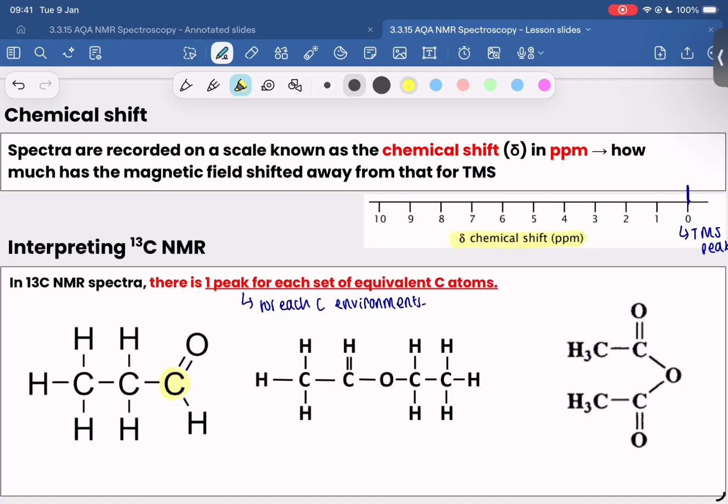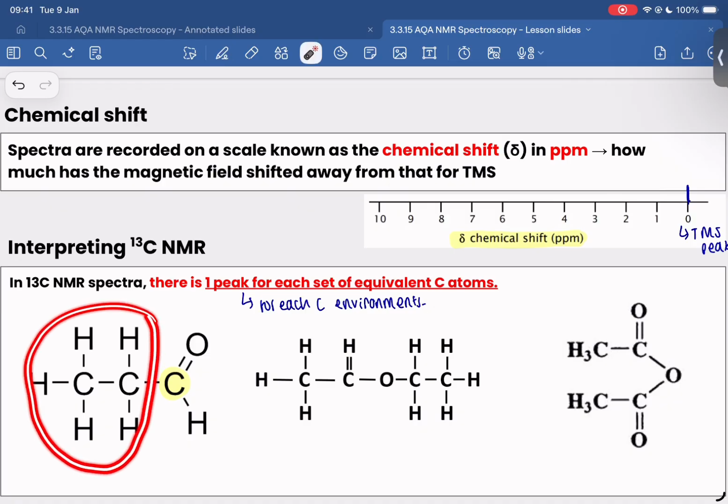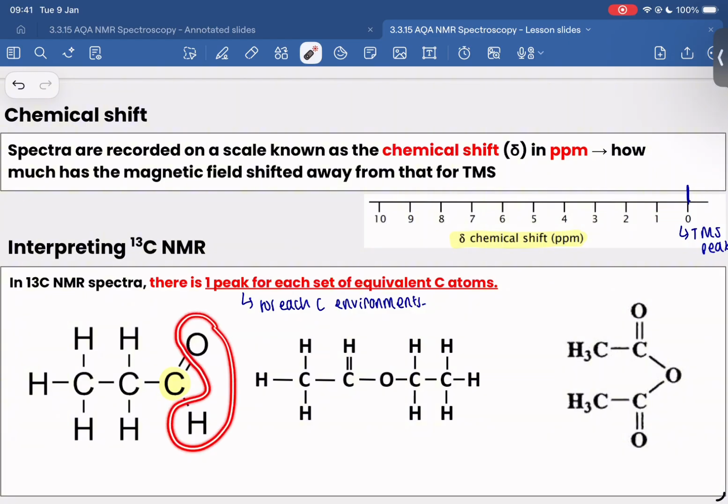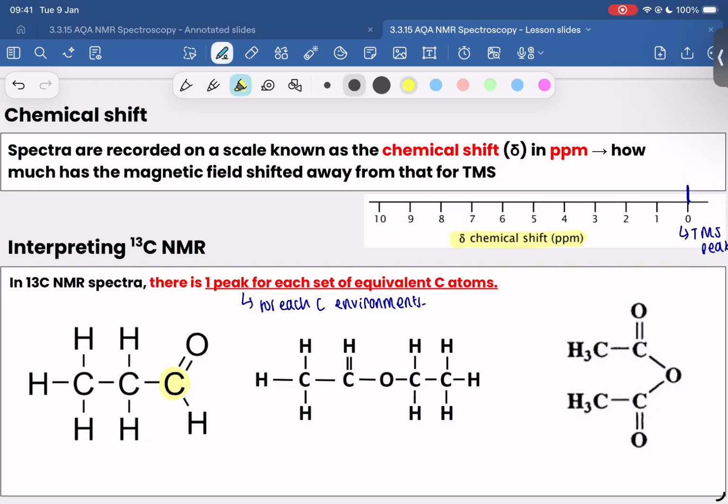This is a carbon environment because you're looking at not just the carbon atoms which are adjacent to the carbon that I've highlighted in yellow, but also the atoms surrounding it. So you can see here that there's different atoms attached to either side, and so that makes it a separate carbon environment. The next carbon environment is the central carbon, and the last carbon environment is this one.